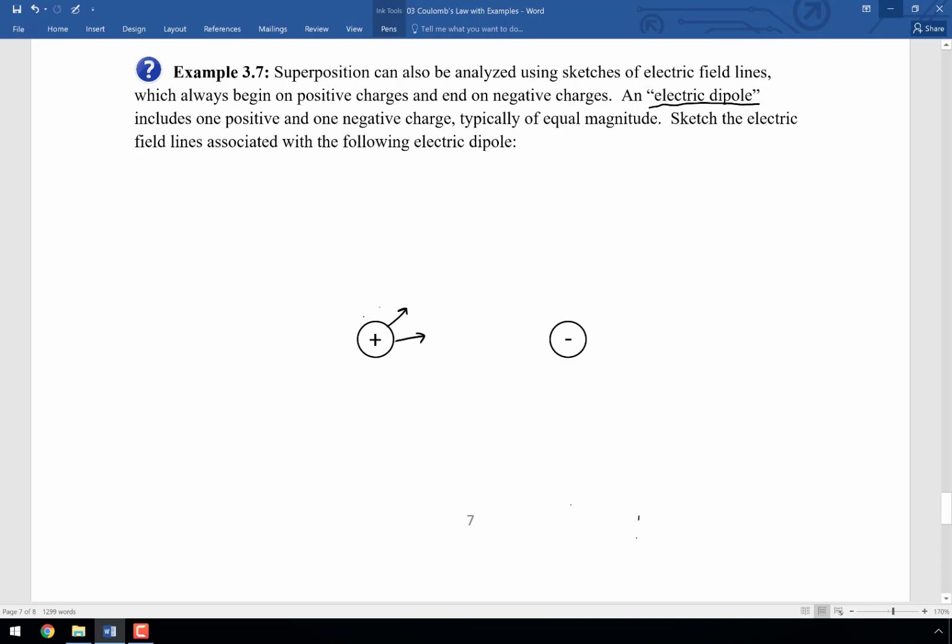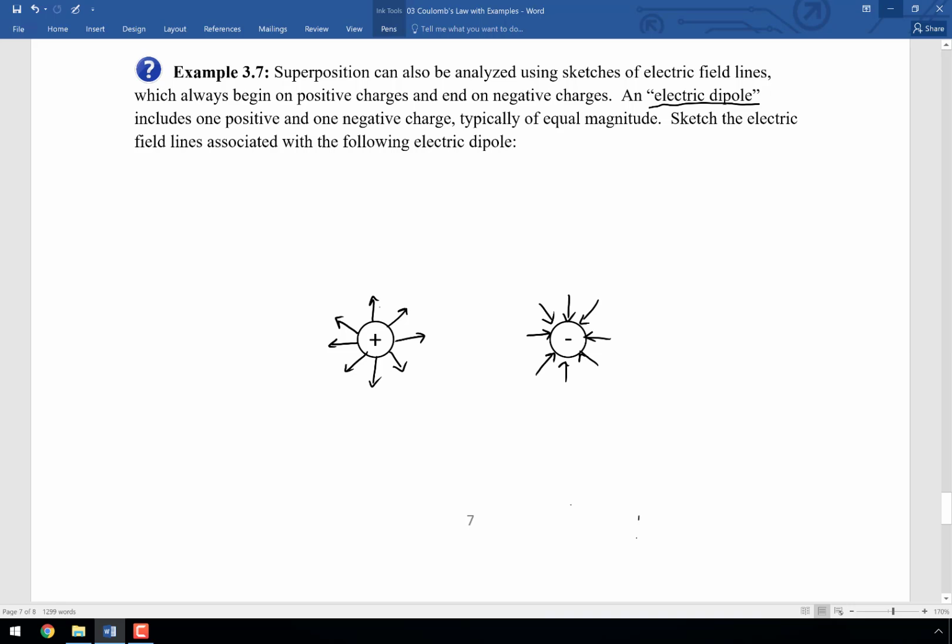And that works out to be 0.338 a sub x plus 0.338 a sub y newtons. So about 1/3 of a newton in the x direction and about 1/3 of a newton in the y direction.